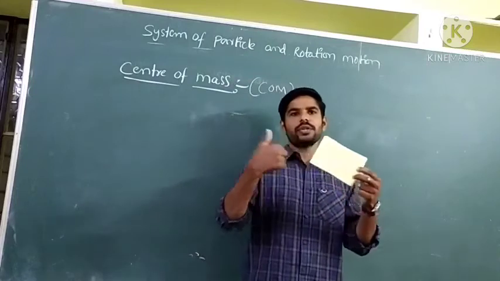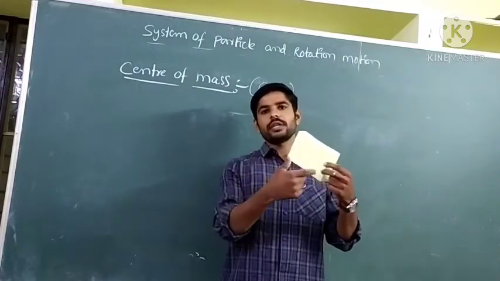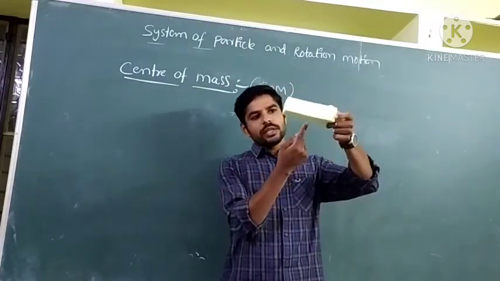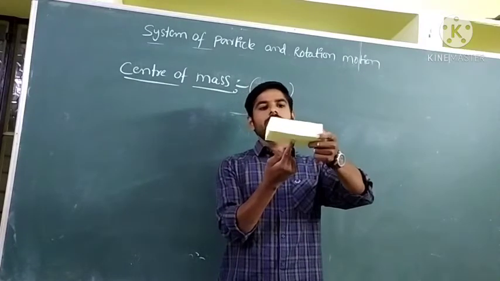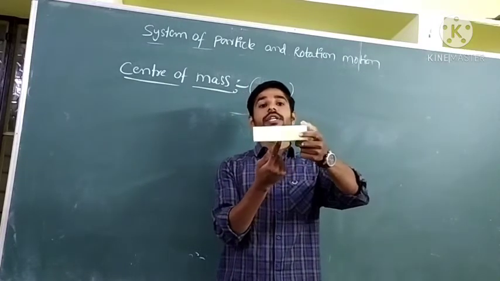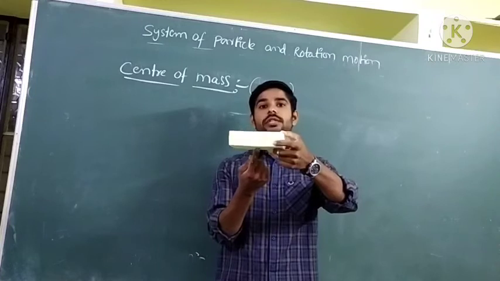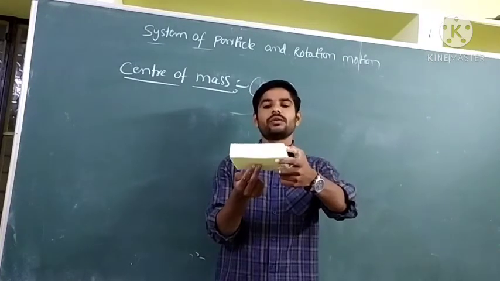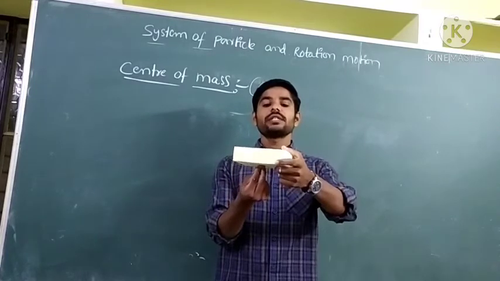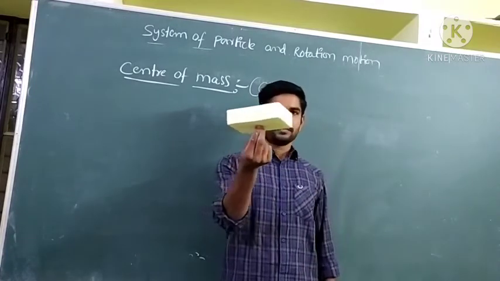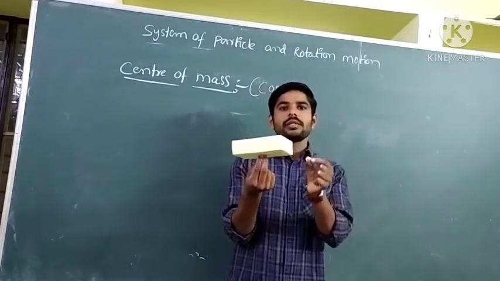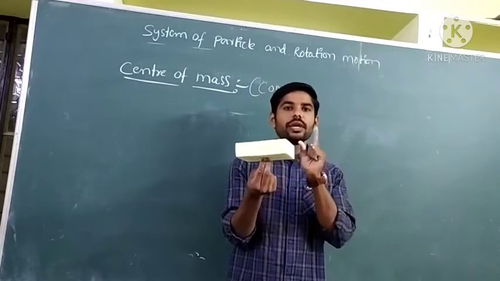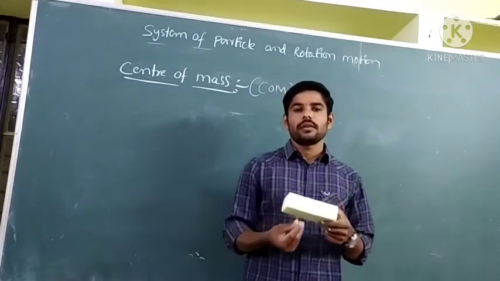This duster has a particular shape, so we can assume that at the middle point the duster can be held. Somewhere else it is not possible; experimentally, it falls down. Because of that, the duster can be held only at the center of mass. The entire mass of this system can be held at one point, and that is called center of mass.